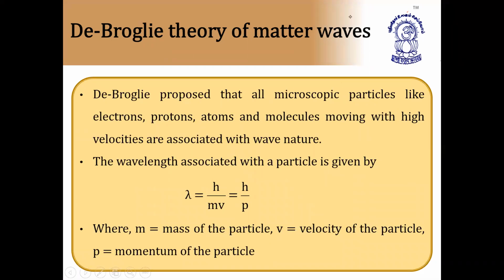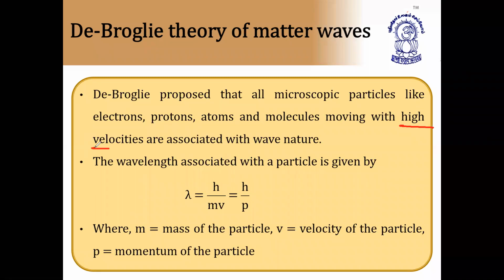Already from Bohr's theory we know that electrons are moving with high velocity in a fixed orbit. Based on that, as the electrons are moving with high velocity, their movement cannot be easily described, so it should be taken as wave nature.